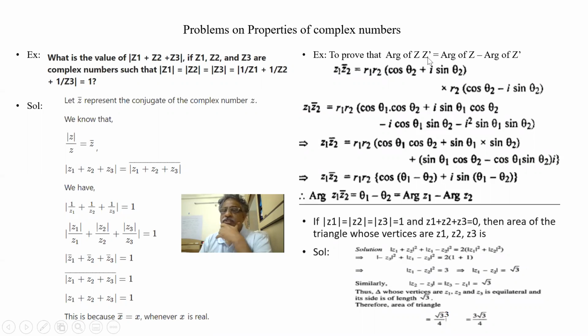Let us say Z1, Z2. In fact, these are all different Z1s, they are not the same. Let Z1 be R1 cos theta 1 plus i sin theta 1. Z2 is R2 cos theta 2 plus i sin theta 2. Z2 bar, I am giving, bar is R2 cos theta 2 minus i sin theta 2. This is only R1 cos theta 1 plus i sin theta 1.